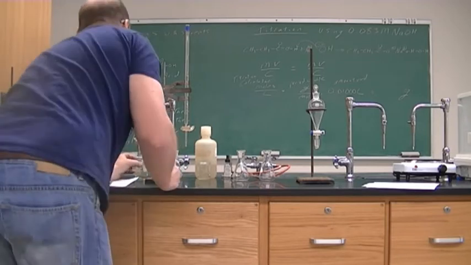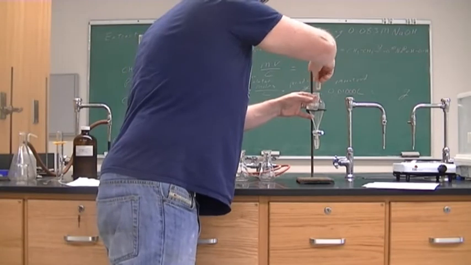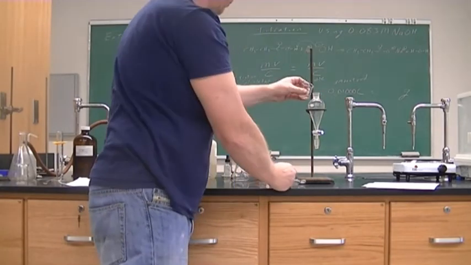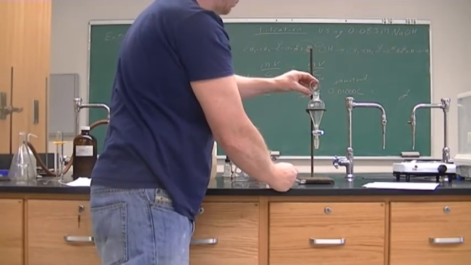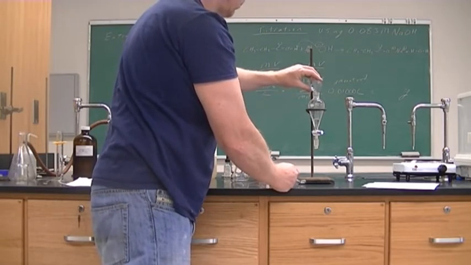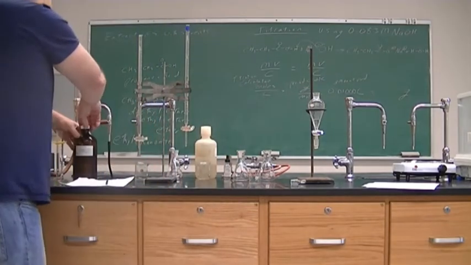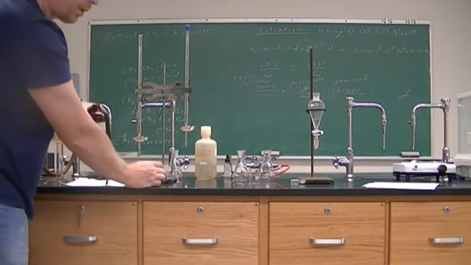So 22.2 right there. And then we're going to put that into our separatory funnel. All right, and also in our separatory funnel, we're going to put 15 mils of the diethyl ether.